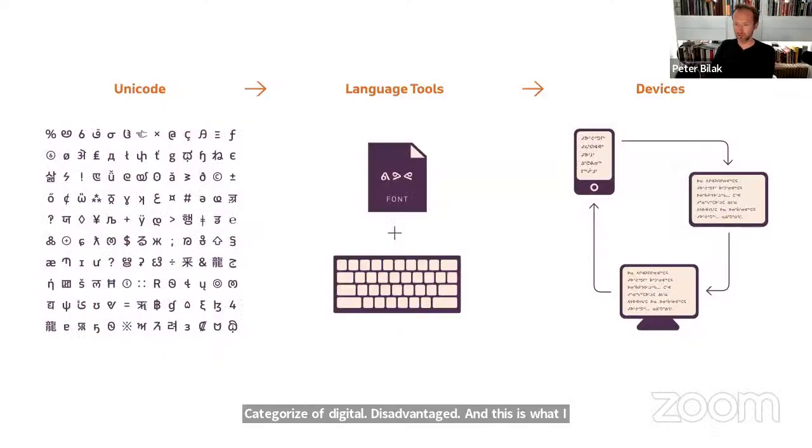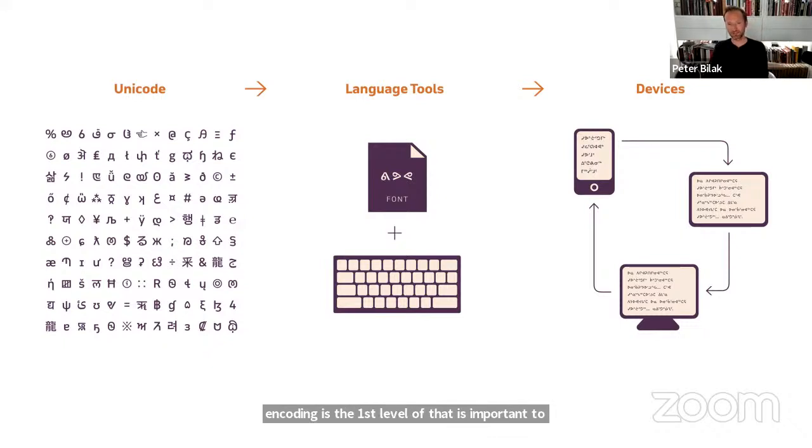Being disadvantaged digitally means that your language is not fully encoded, so you cannot really write your language digitally. You can do it in handwriting, you can speak orally, but it makes the language quite vulnerable because you cannot represent it digitally. You cannot text it, you cannot have a Wikipedia page. So encoding is the first level that is important to standardize a language.